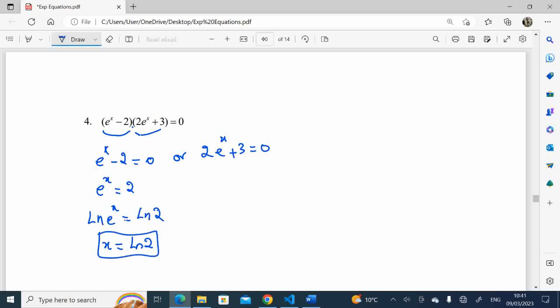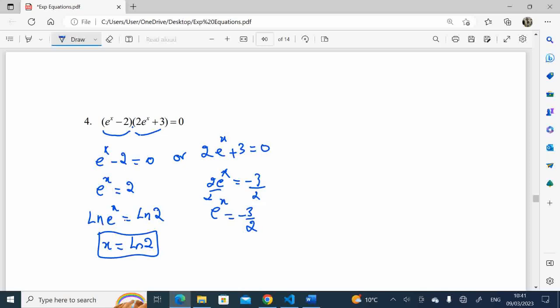Now let's solve the second exponential equation. We get 2e^x = -3. If I divide by 2 on both sides, we get e^x = -3/2. So what do we notice here?